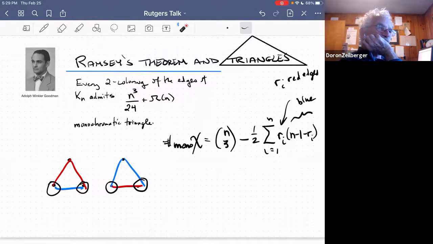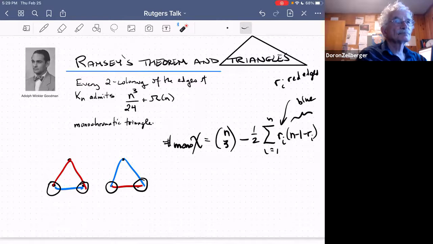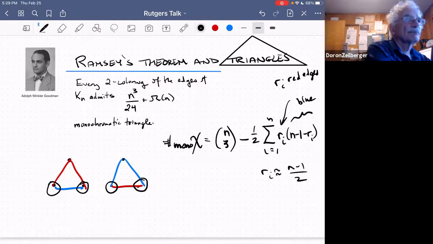And now it just becomes an optimization problem, and it's easy because each one's the area of a rectangle. So we've got some kind of hyperbox that we want to, in this case, maximize. And so they're all going to be about (n-1)/2.